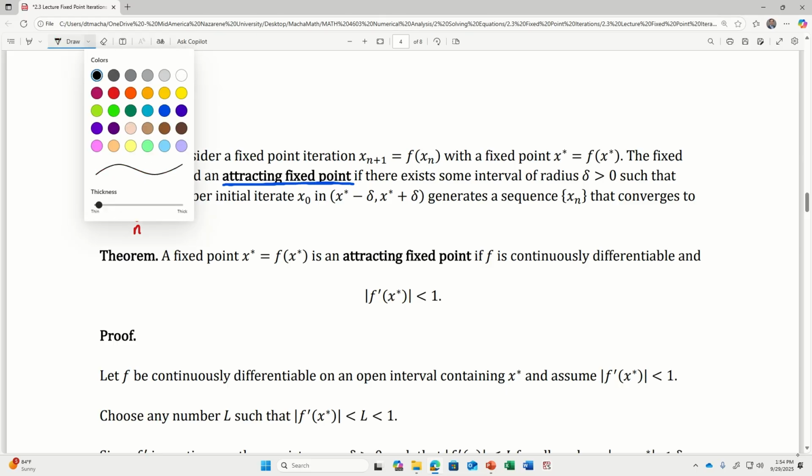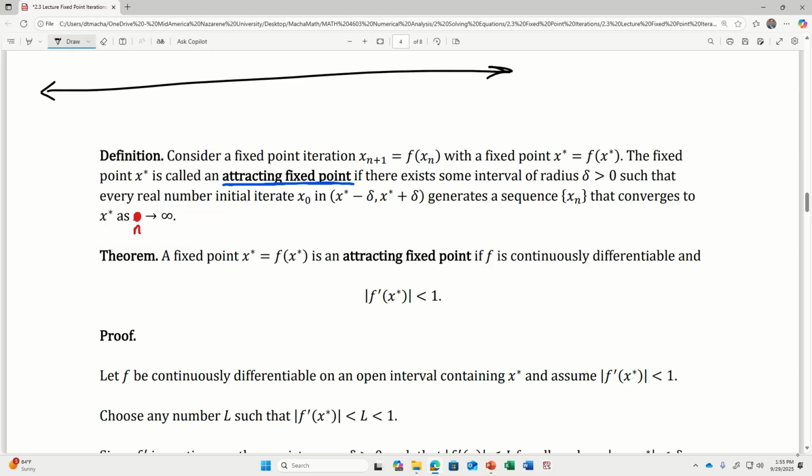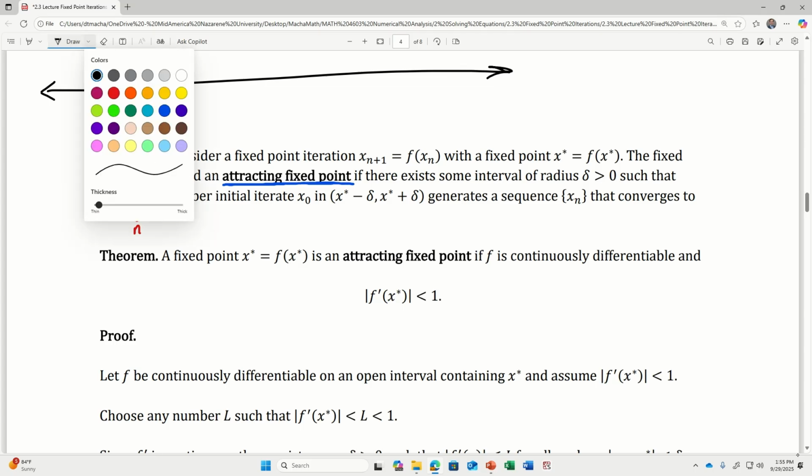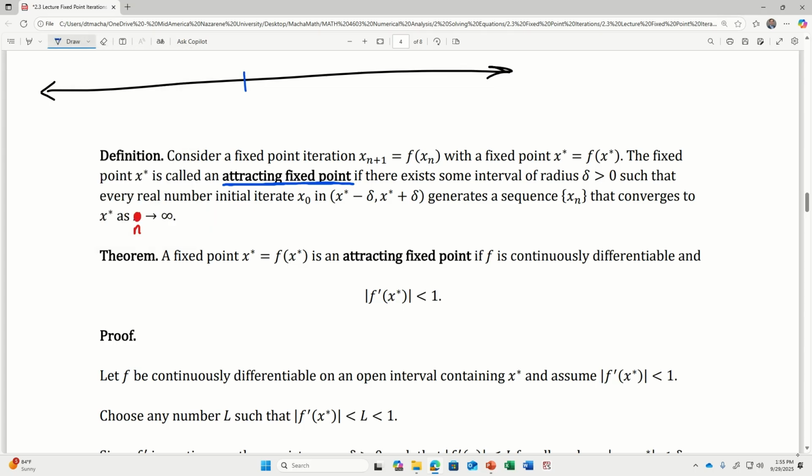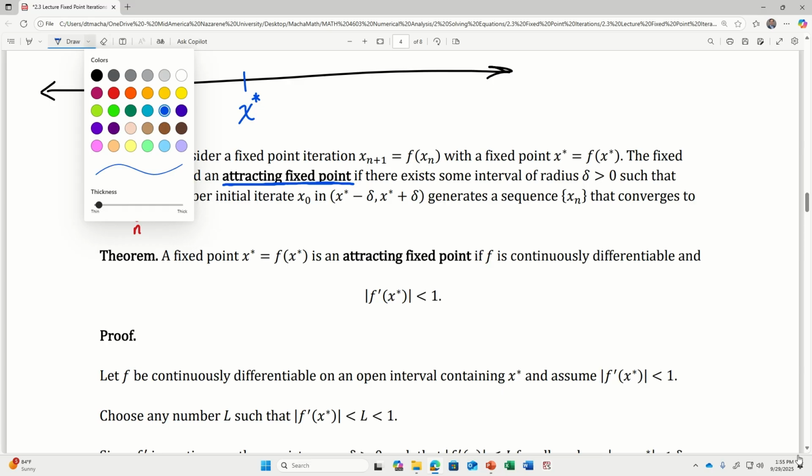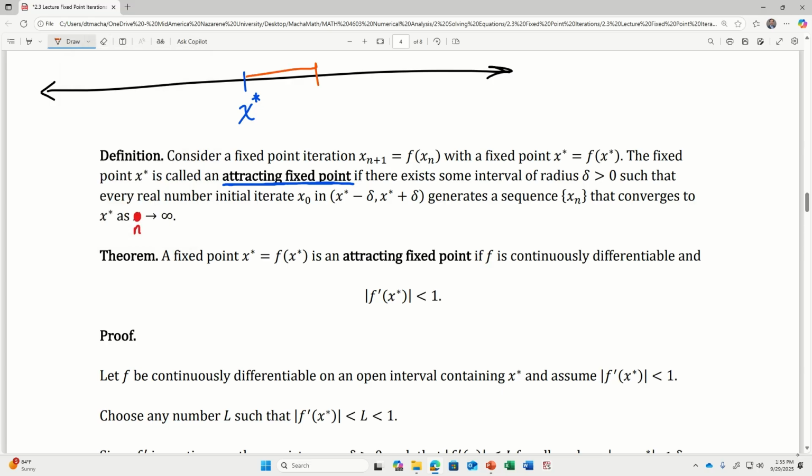Sometimes drawing a picture helps. Here's my real number line. And what I'm saying is, if I have a fixed point here, this would be an attracting fixed point if there is some interval with a radius delta around this fixed point where any starting iterate inside this interval eventually converges to the fixed point, right?